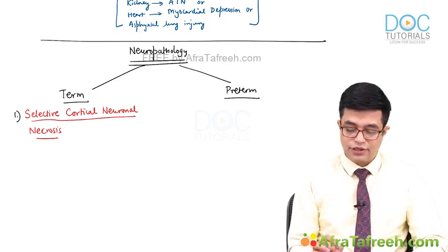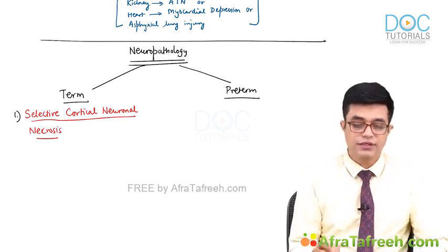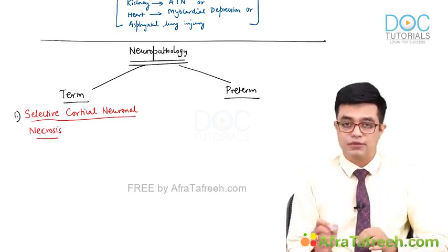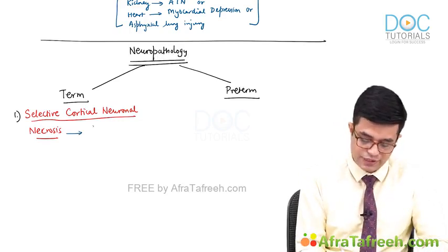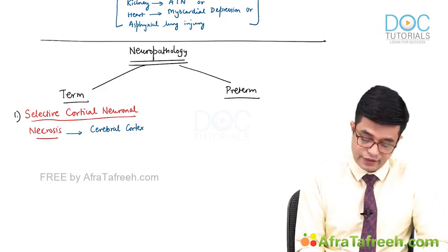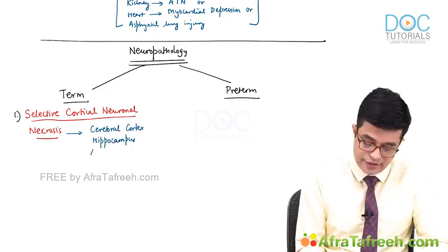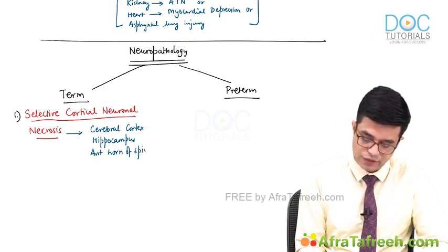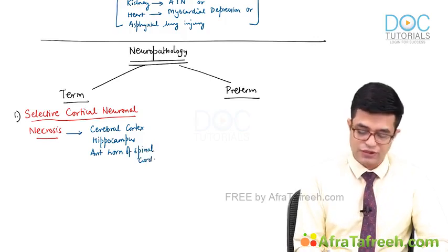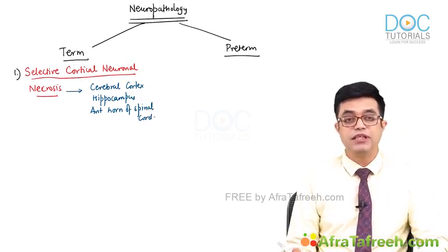And we call it selective because a specific group of neurons are affected. Most commonly, it involves neurons present in the cerebral cortex, in the hippocampus, and in the anterior horn of the spinal cord. They are very commonly affected. That is the first lesion which is seen in term babies with HIE.